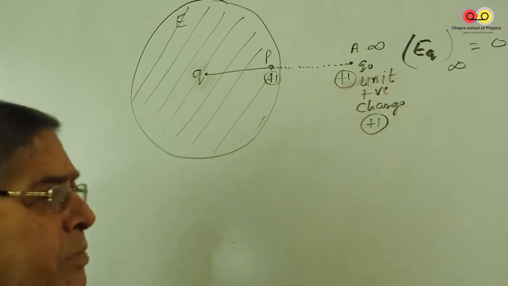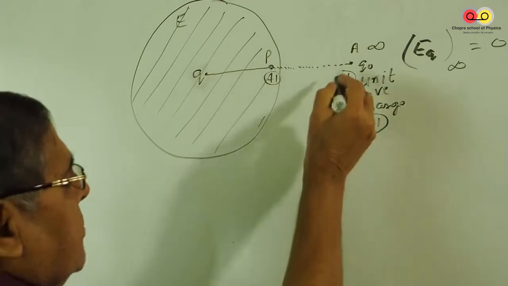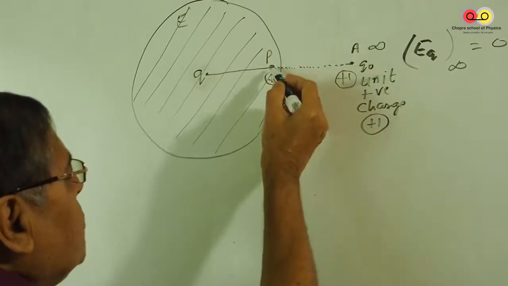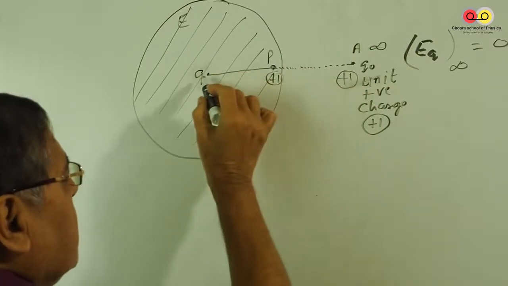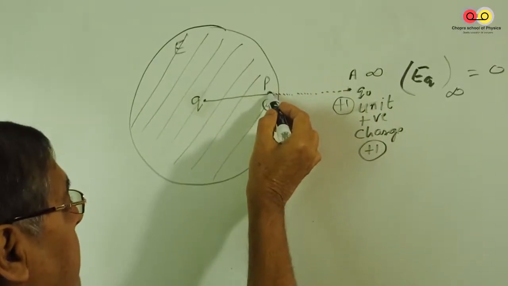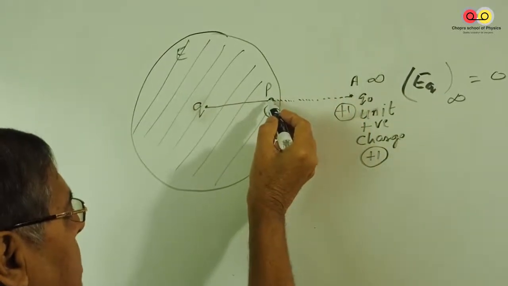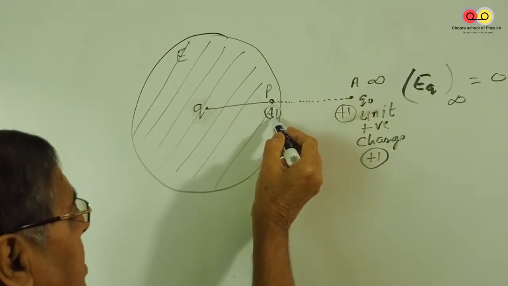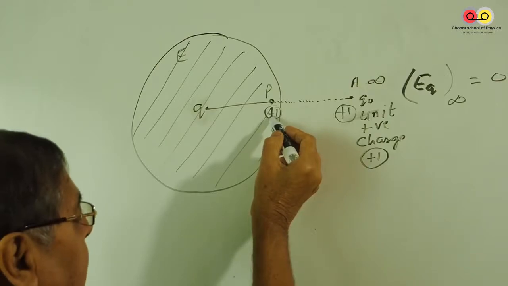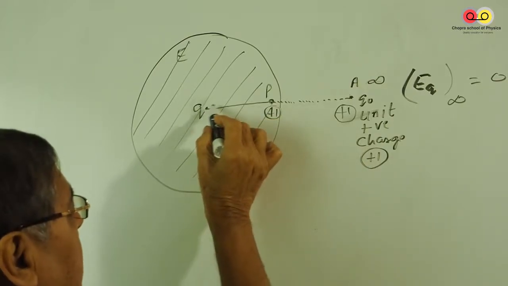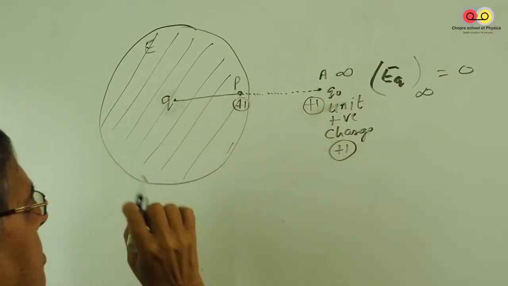So once more I will repeat. When the charge comes to position P, the source charge will repel it, but it will not go back because it has some electrical potential energy, and that will work against the repulsion of the source charge.